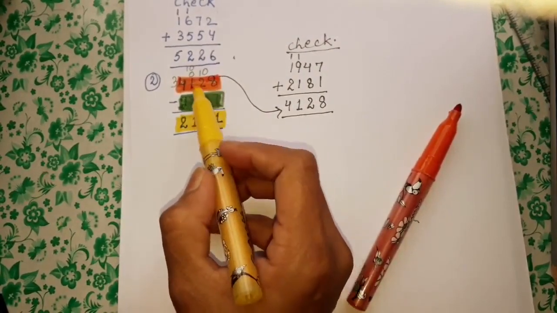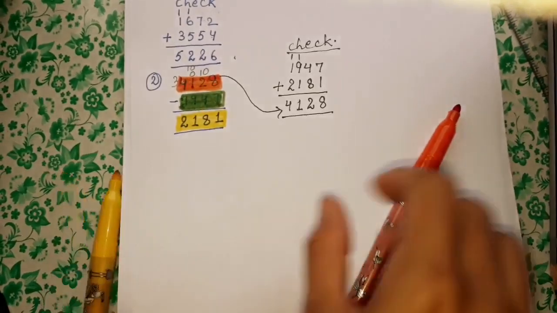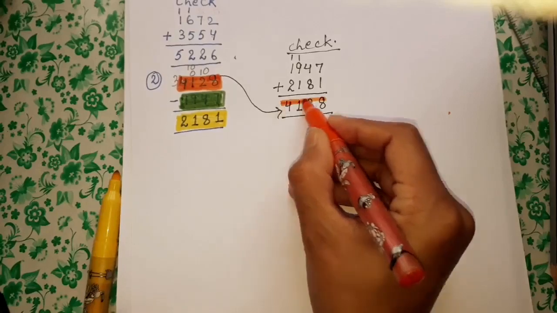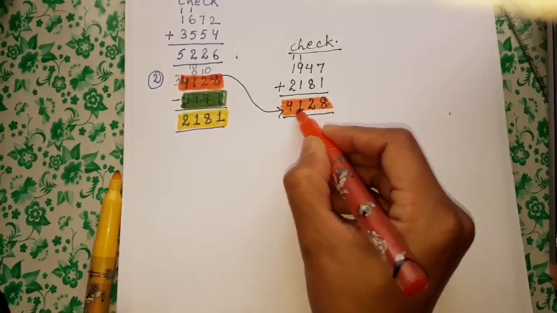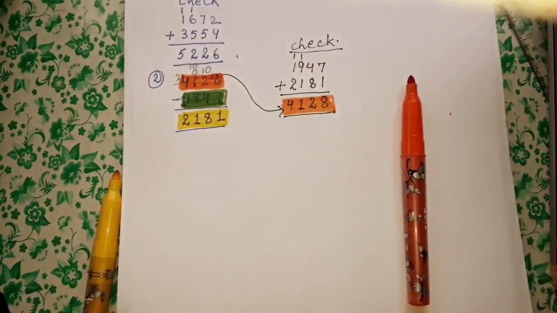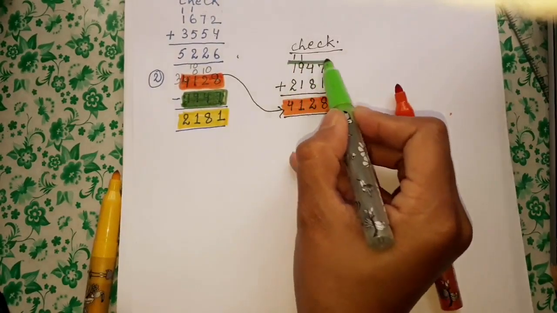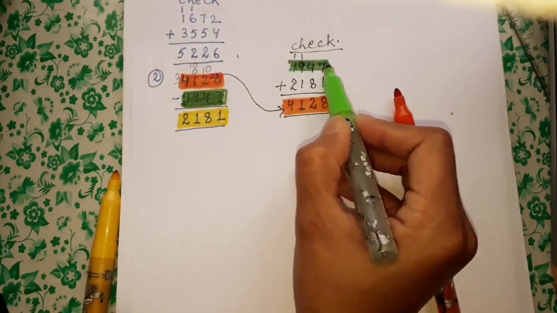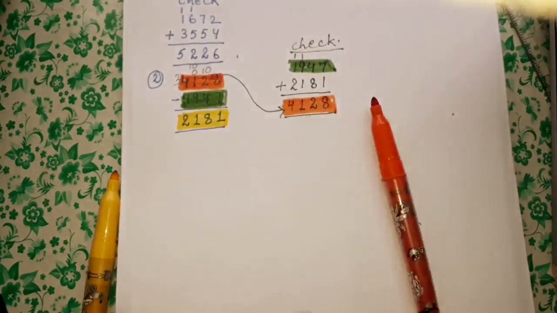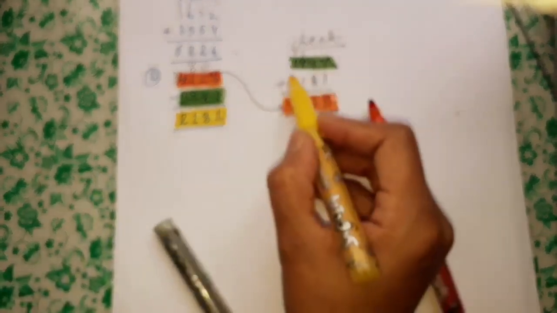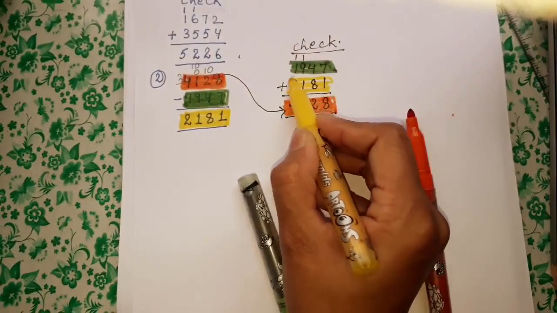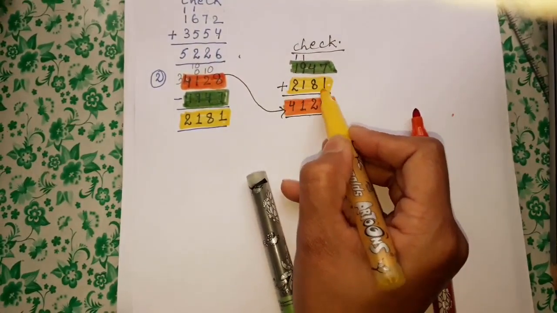See, orange color implies the minuend. Okay. And green color implies the subtrahend. Okay. And yellow color implies the difference. Through color, I think you are able to understand what I am doing.